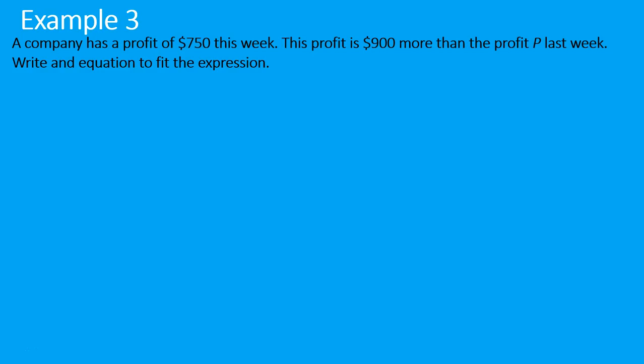Okay, example 3. This part does go in your notes. It says a company has a profit of $750 this week. Now, a profit means how much money that company made. And it's not just however much they sold. Let's pretend that, for example, you own a restaurant.